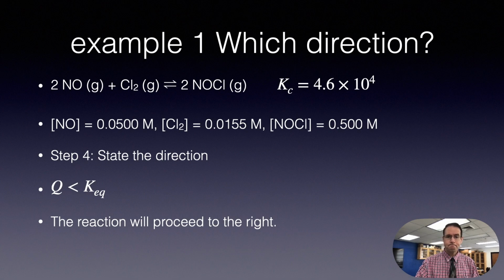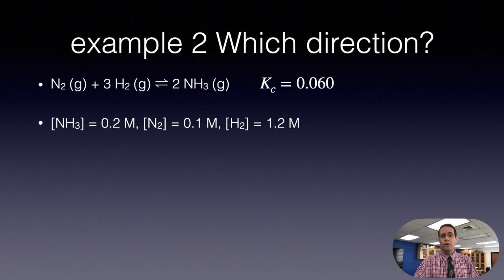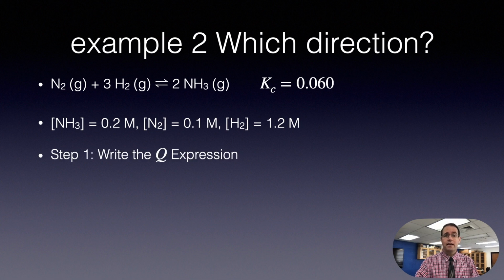Okay, let's do another practice problem here. Which direction will this reaction proceed? So we've got ammonia synthesis. Nitrogen, hydrogen are in equilibrium with ammonia, and the Kc is equal to 0.060. All right, and we've got some concentrations there in molarity for some different gases. All right, and what we want to do again is to start out by writing the reaction quotient expression.